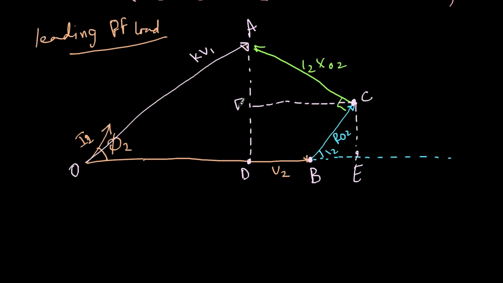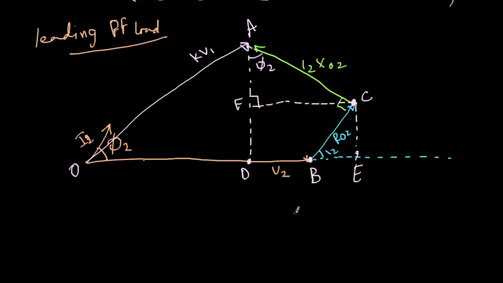And let's call this as F. So the angles are, so this angle will be phi 2 and this angle is phi 2. So again, through manipulation of all the angles, you can find that.